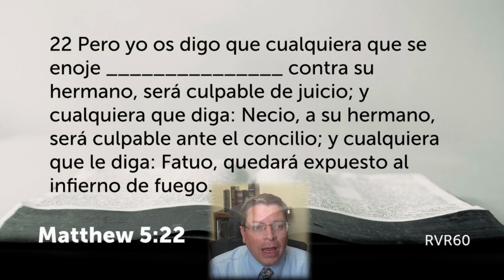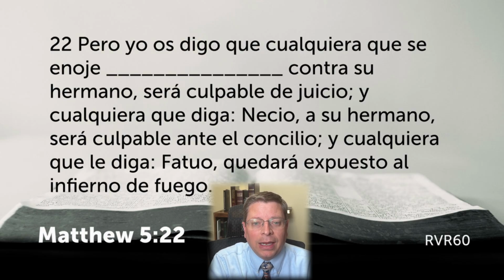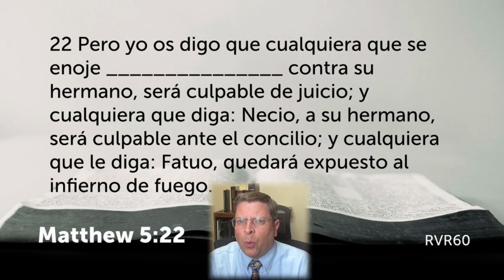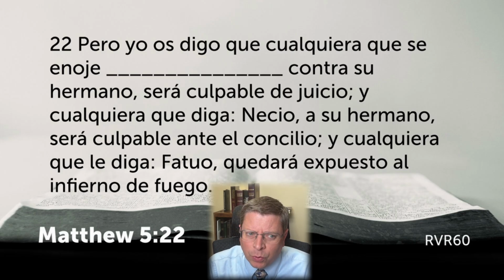However, you'll notice here in the 1960, that word is gone. It says "que se enoje," and then there's no word, "contra su hermano." So the word locamente has been removed. And so I put those familiar empty lines because that phrase is missing, just like the other critical text Bibles, the ESV, the New American Standard Bible, the NIV.